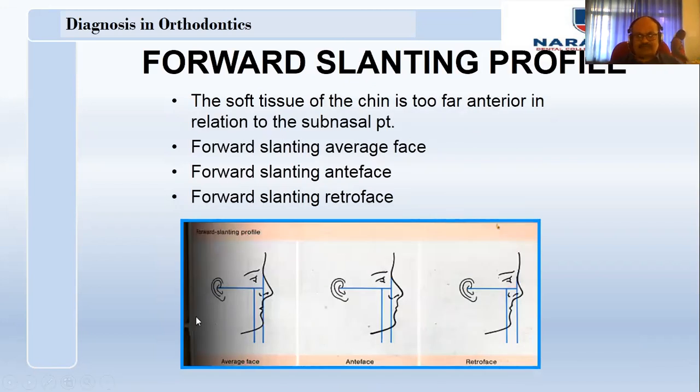Likewise, in a forward slanting position, the chin is more prominent. You see here, in anteface the chin is ahead of the 90 degrees line, whereas in retroface the chin is backward to this 90 degrees line, and in average face, both meet together.